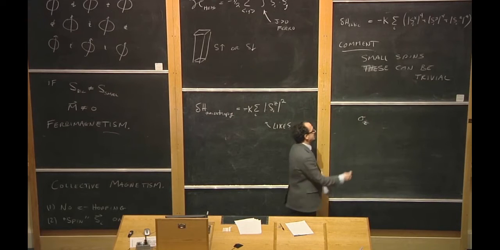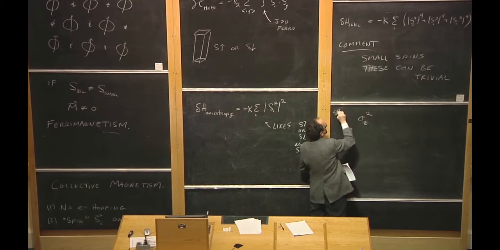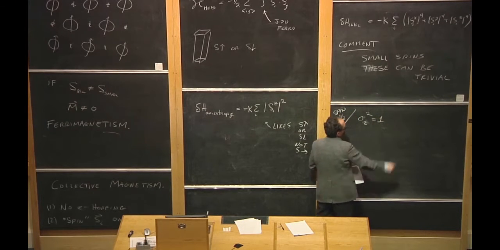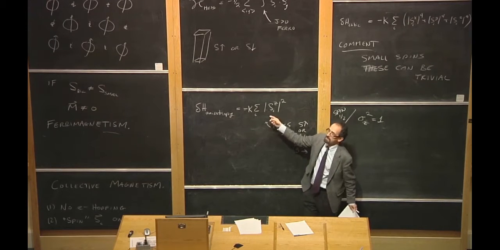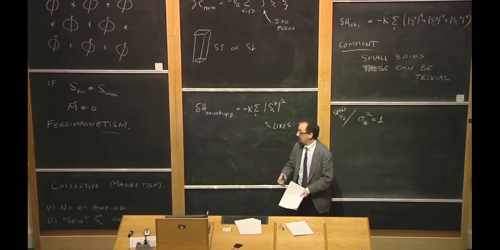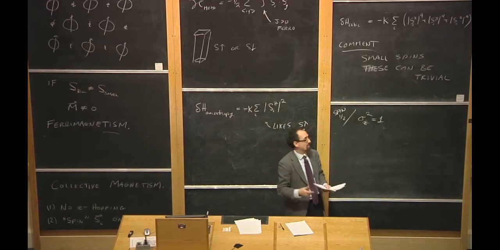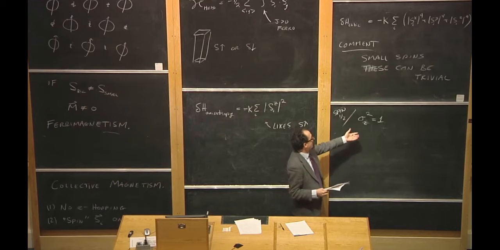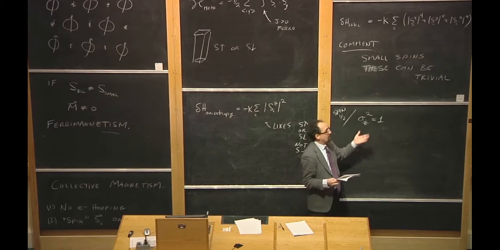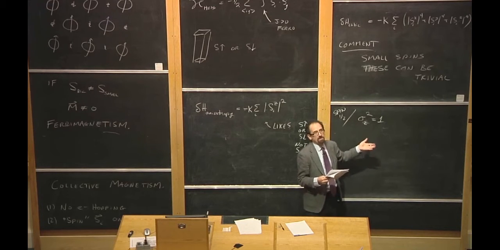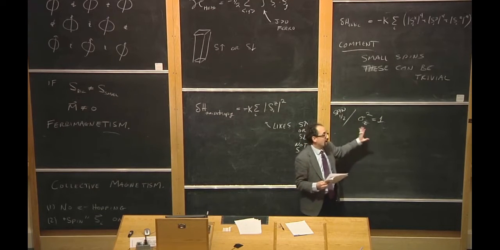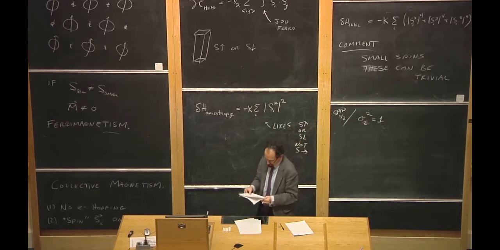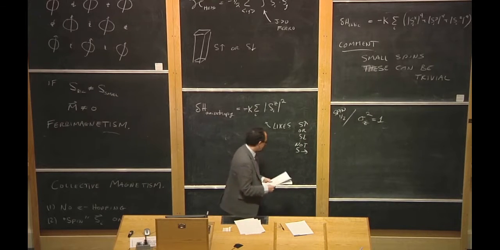If you square it, sigma z squared is just 1. It's a very uninteresting operator; it just gives you a constant. So if you tried to write down a term like this for a spin 1/2, it would do nothing. It wouldn't specify which direction the spin wants to point in. However, for a spin 2 or spin 3, there would be an analogous spin matrix which does not square to 1 and becomes nontrivial. So that's just something to be warned about: you can't write down anisotropy terms for small enough spins.